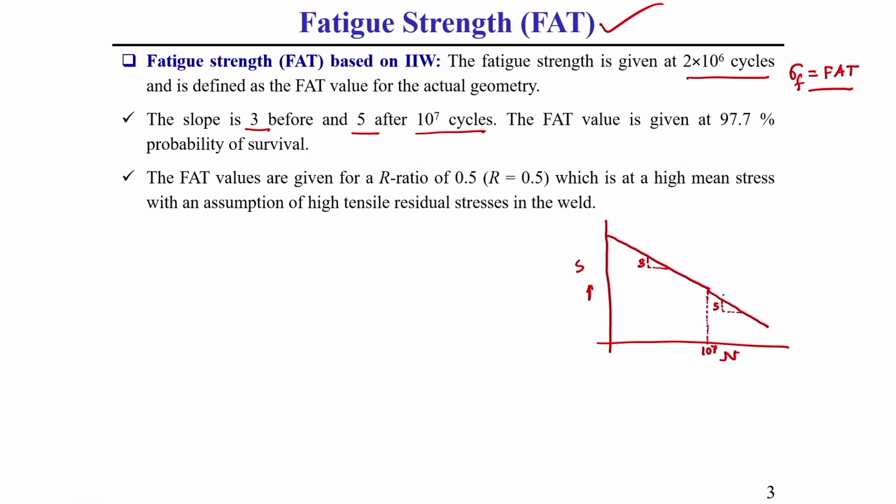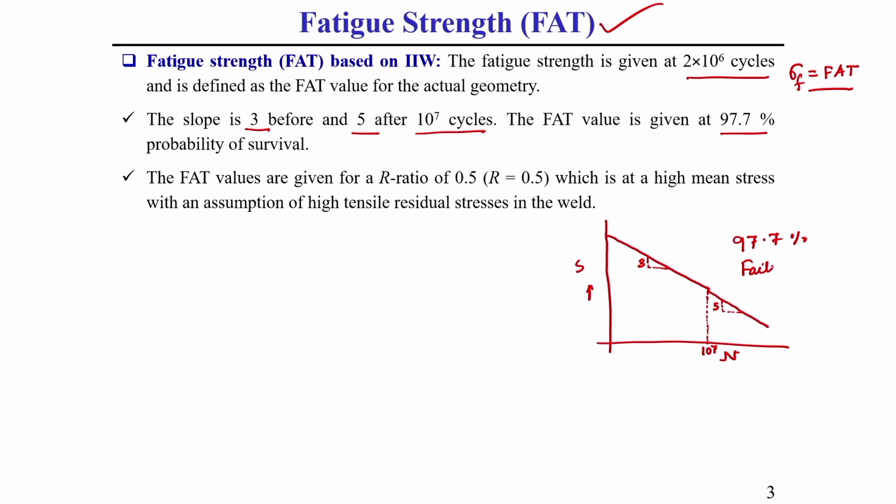This FAT value generally is determined based on a survival probability of 97.7%. So, this is the survival probability. If this is the survival probability, then what will be the failure probability?